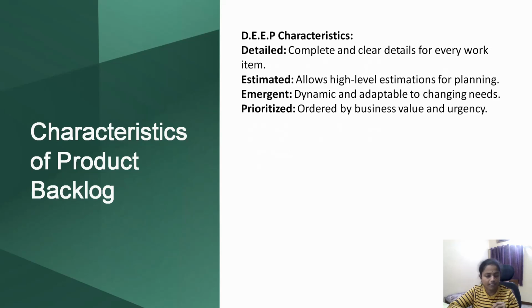All those things we will be discussing. But here we just need to think about the priority alone. So there is a priority that the product owner is giving. How the product owner is giving it, with the help of different techniques, we will discuss in the product management series. So these are the 4 characteristics of a product backlog.